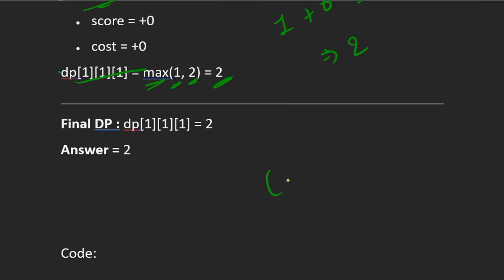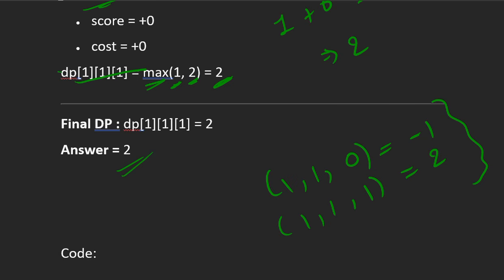So dp of 1 comma 1 comma 0 is -1. Then dp of 1 comma 1 comma 1 is 2. So we take the maximum of these values, so the maximum is 2, so 2 is our answer, right?